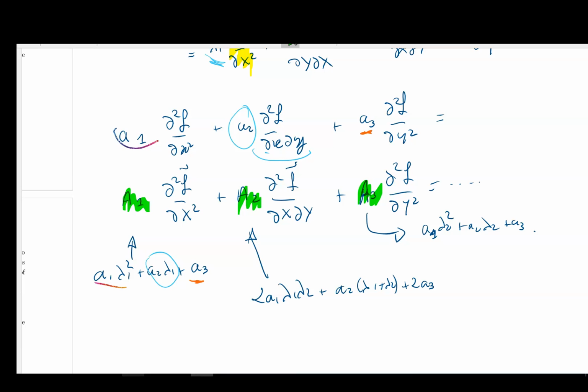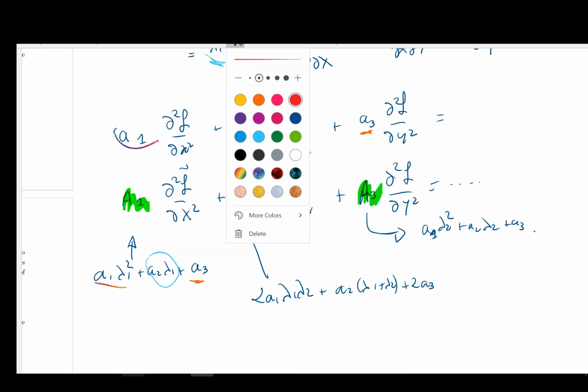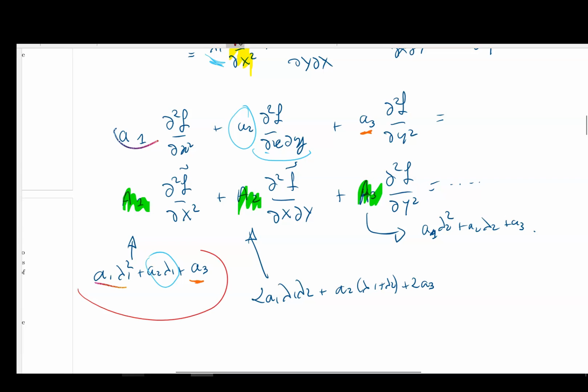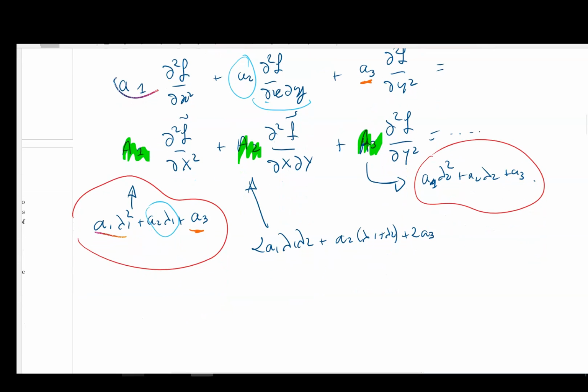Okay, so let us see. If we want to cancel out this term, what do we see? It's actually the same equation. It's something like A1 some lambda square plus A2 some lambda plus A3.